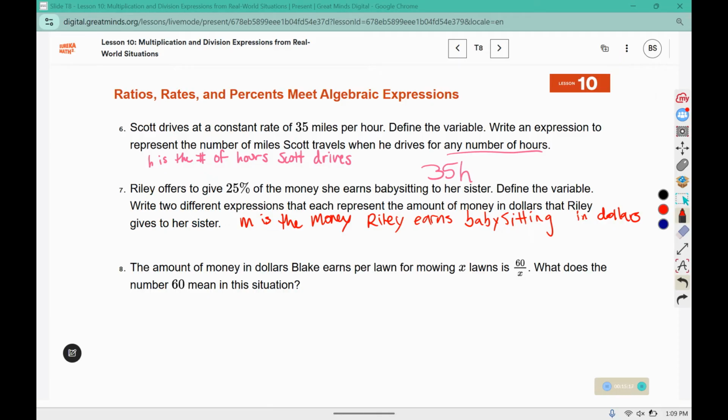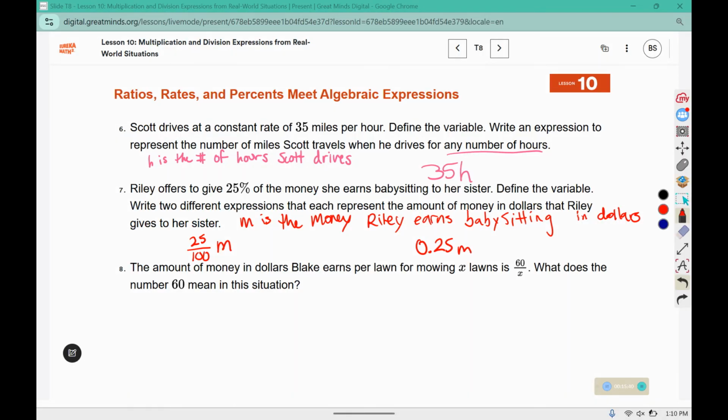She gives 25% to her sister. Percents are out of 100, so 25 out of 100, and then times the money. Or we could think of percents as a decimal, which would be 0.25, because 25 hundredths is 0.25 times m.